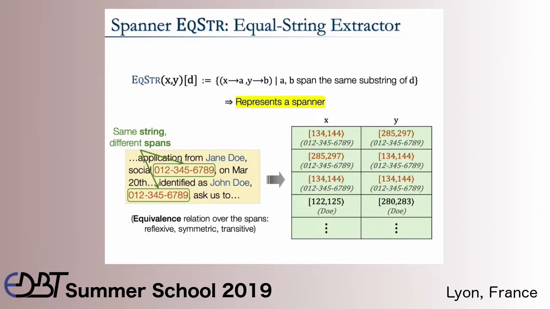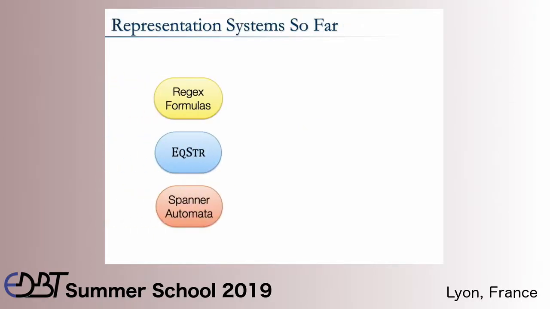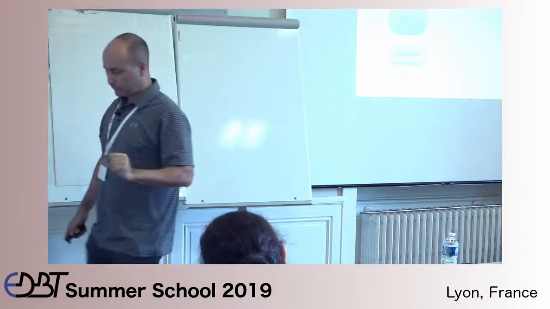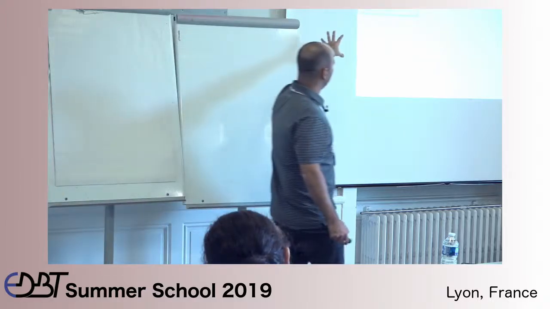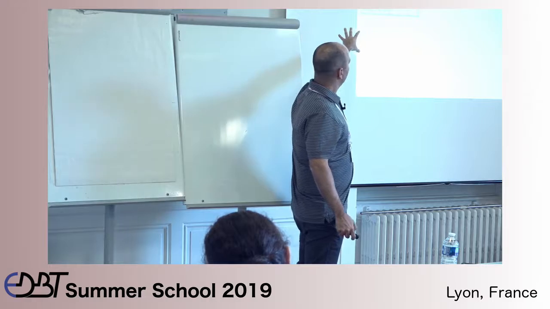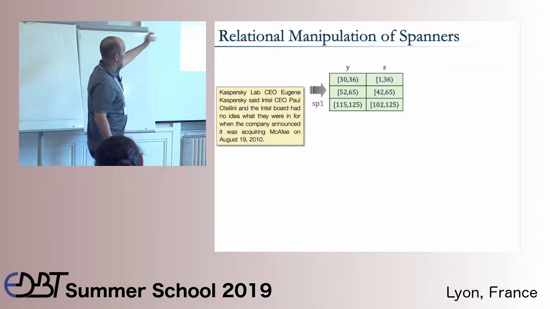So this is another representation of a spanner, and so far we've been looking at three classes of spanners: the regex formulas, the spanner automata, and the equal string. Now, when you have a spanner, you can apply it to a document and you get a table.